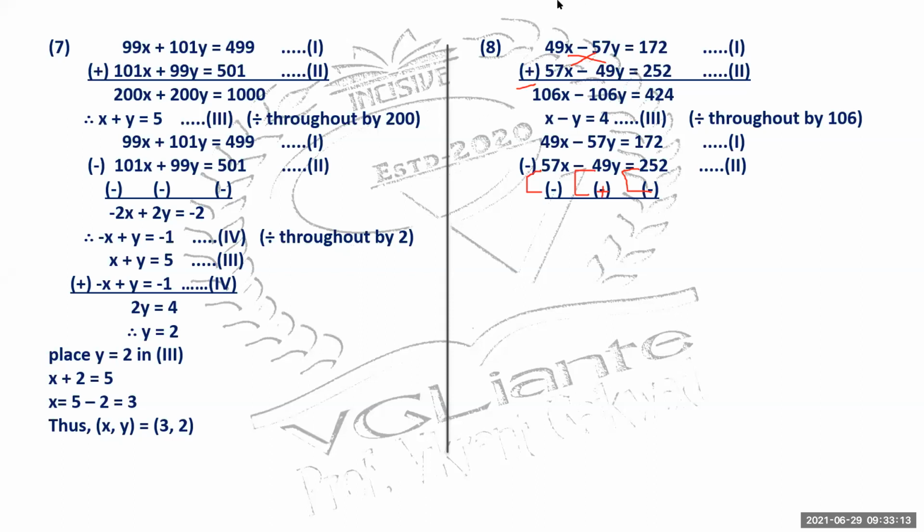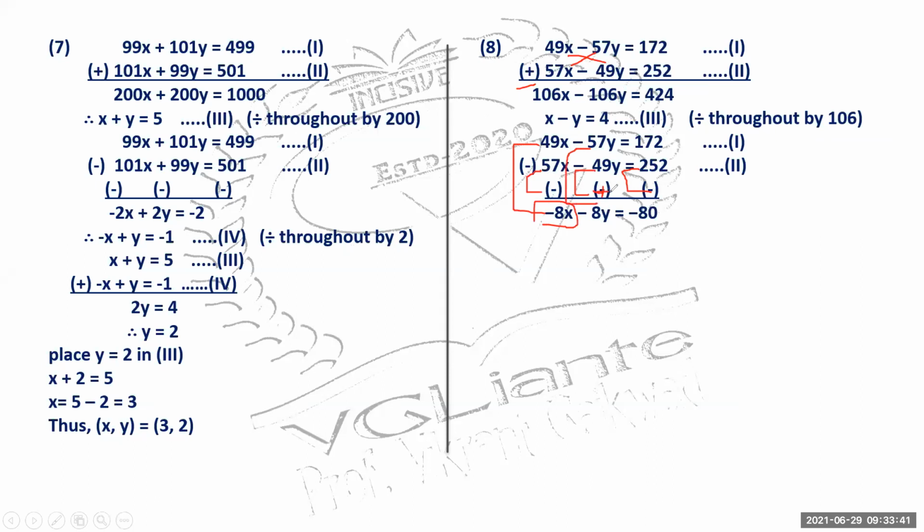Now after this, the equation is written as 49 minus 57. Check, the greater number is negative, so that is minus 8x. Now here minus 57 plus 49.